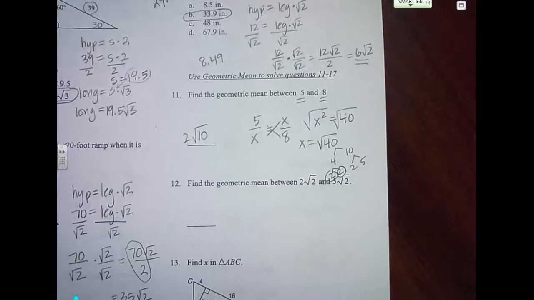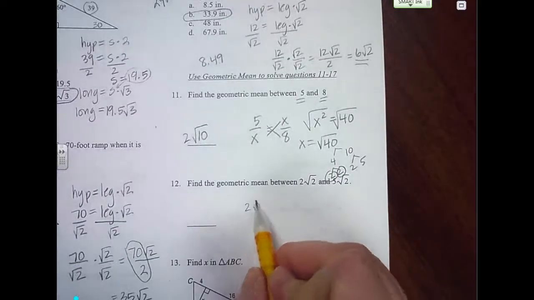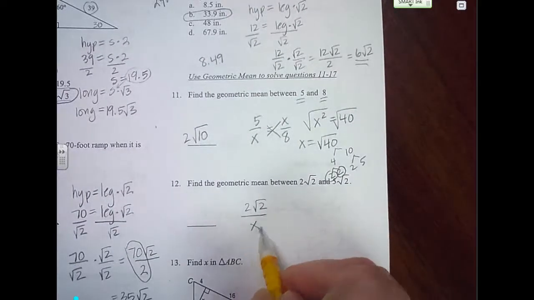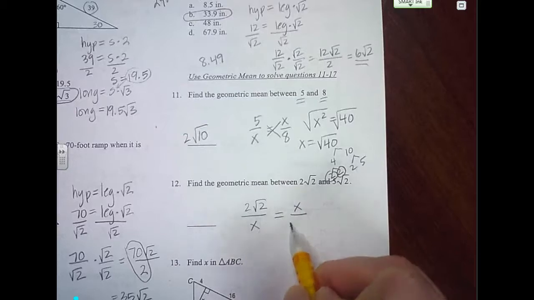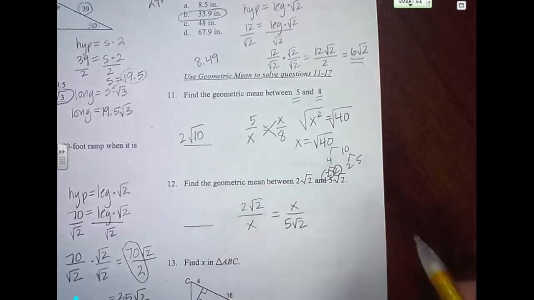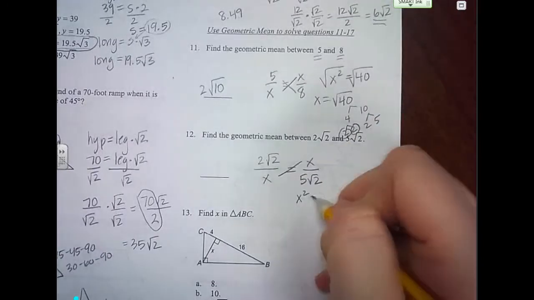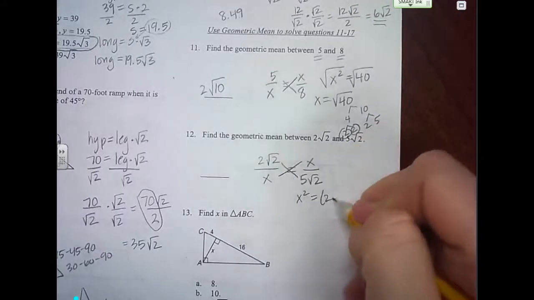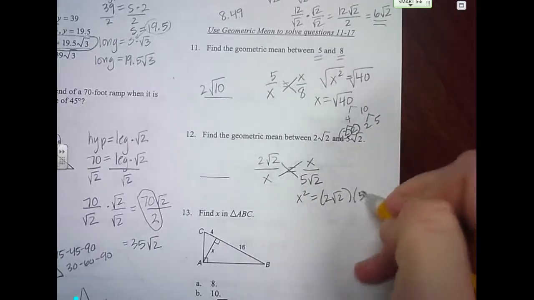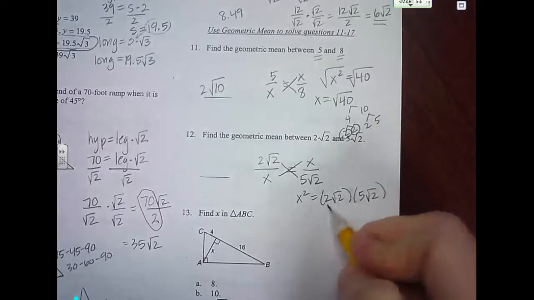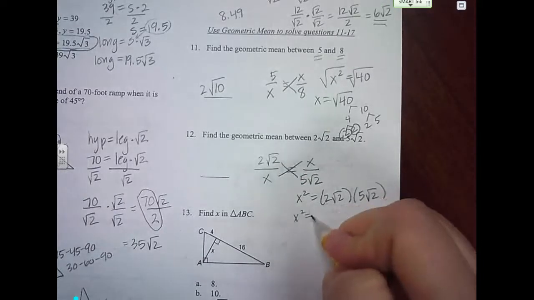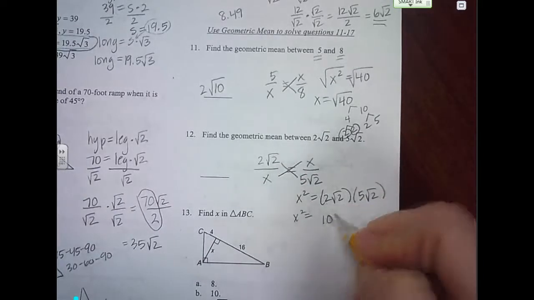Number 12, find the geometric mean between 2 square root 2 and 5 square root 2, so 2 square root 2 over x equals x over 5 square root 2. Cross multiply, x squared equals 2 square root 2 times 5 square root 2. Multiply these numbers together, it would be 10.